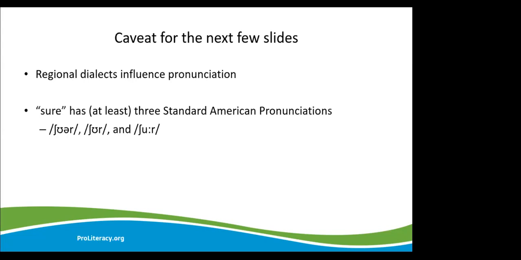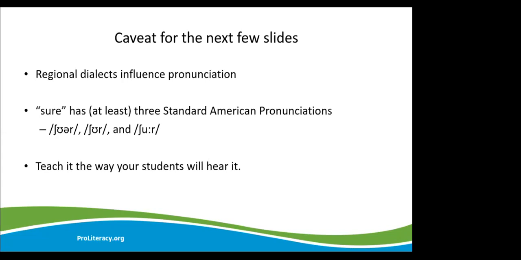So what you need to be thinking about is, what is your student going to hear? What are they going to hear in the part of the country you live in? And teach it like that.